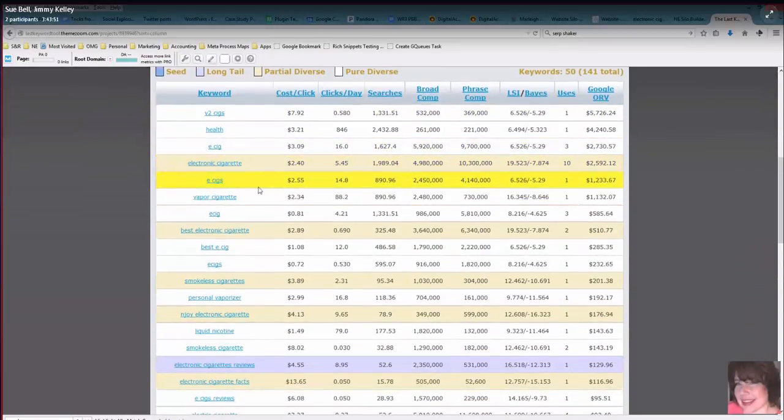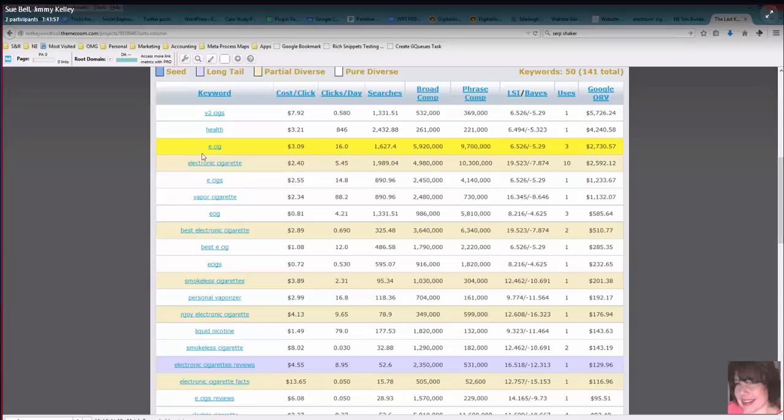So now, based on all those ideas I just had in my head, I'm going to move forward and I'm going to say, wow, V2 pops up again. So that's really an interesting concept. E-cig, obviously, because it's short and sweet to type in, and e-cigarette, e-cigs, all of those variations on a theme, which is basically my site. So I'll use all of those keywords, and depending on how competitive they are, I might target them, I might not.